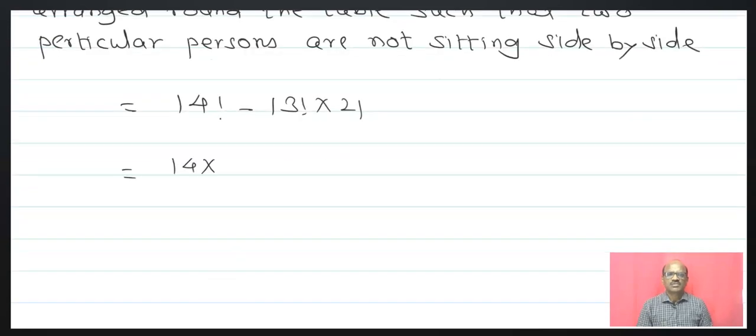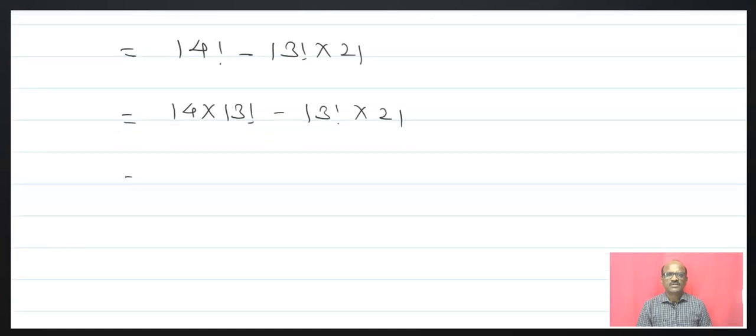Now the simple calculation is here. 14 into 13 factorial, with 13 factorial as a common factor, then you will get 14 minus 2, and that is equals to 13 factorial into 12.